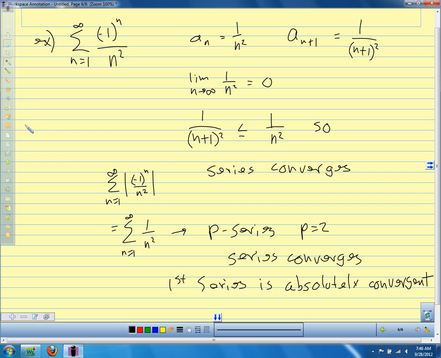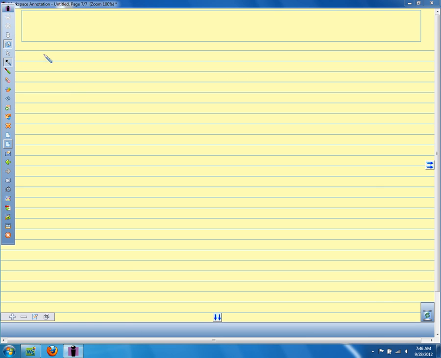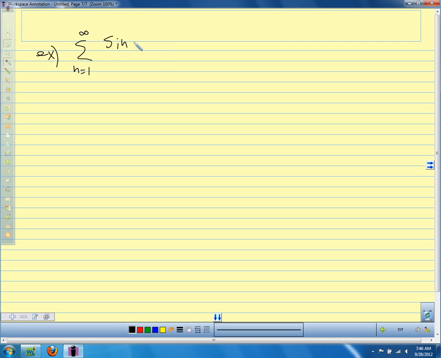Let's look at an example of a series that's a little trickier: the sum n equals 1 to infinity of sine n over n squared.